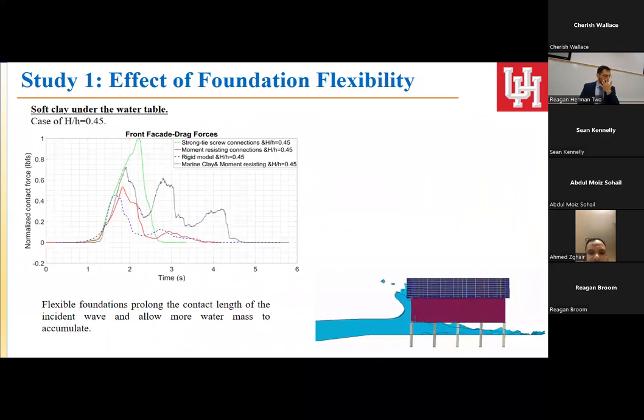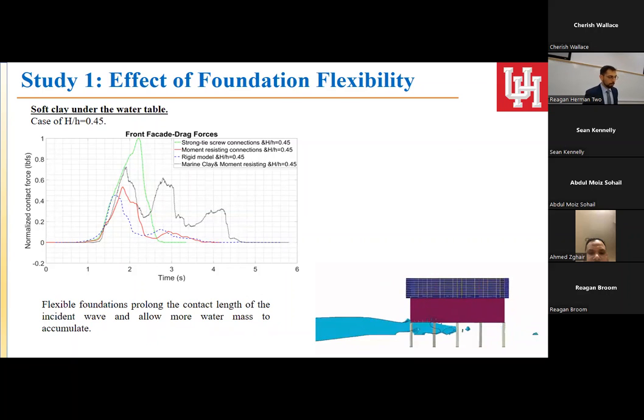Okay, having said that about the timber connection flexibility, let's move forward to the foundation flexibility. Again, we studied only the middle wave with the height ratio of 0.45, and this is the analysis for only marine clay. The PY springs, as mentioned earlier, were based on Matlock's formulation.